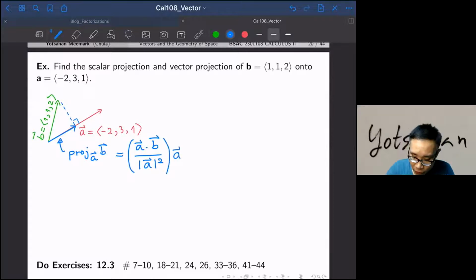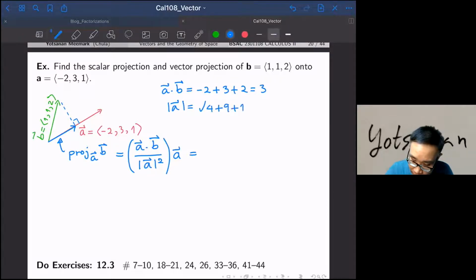The thing that you can compute is A dot B. Let's compute A dot B here. A dot B is negative 2 times 1, plus 3, plus 2, so it will be 3. And norm A is the square root of 4 plus 9 plus 1, so it's square root 14.